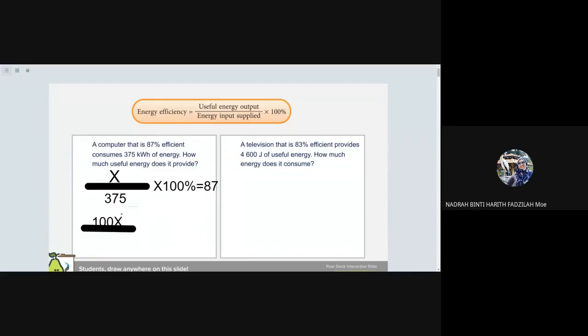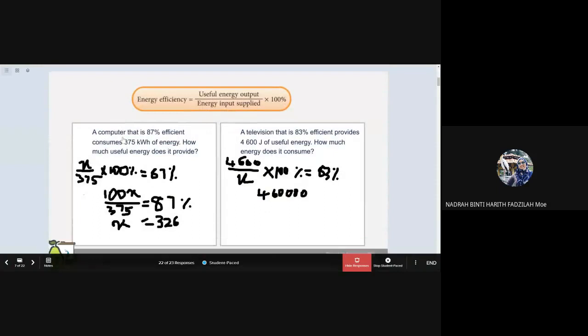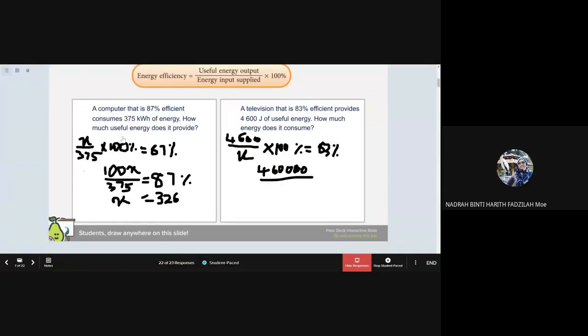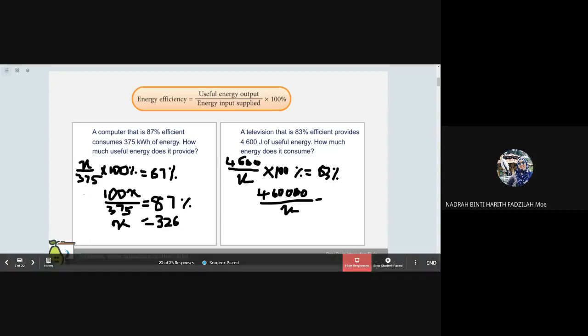Okay, for the computer question, I know that when you calculate, the answer is at least 2 decimal points kan. You can put the 2 decimal points in your answer, no problem. And then please make sure that when we calculate, the data given is in the form of kilowatt.